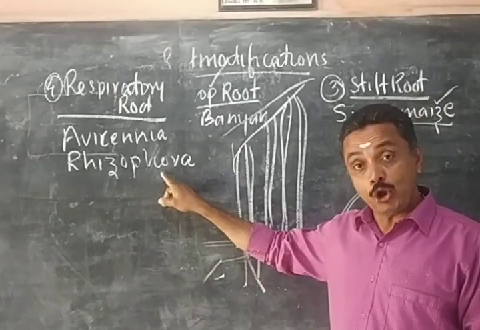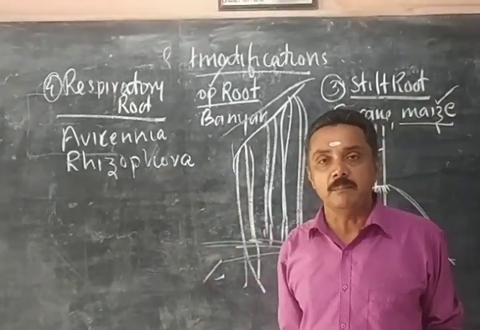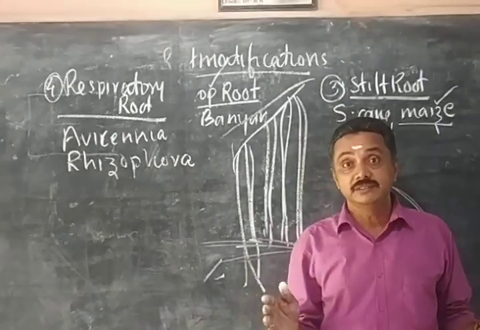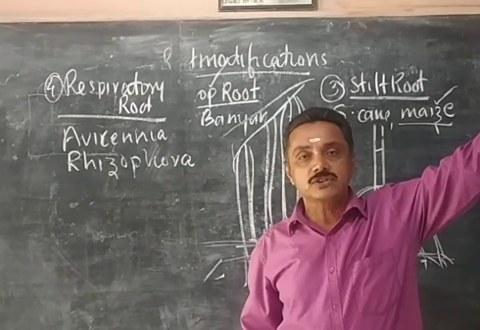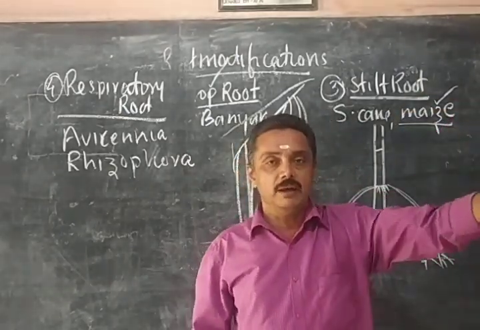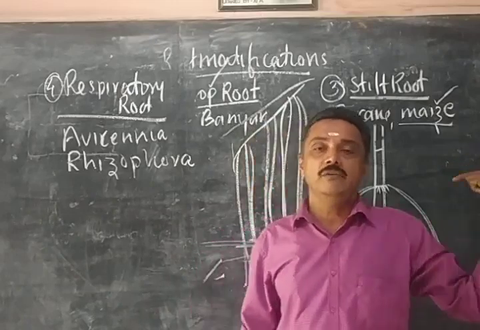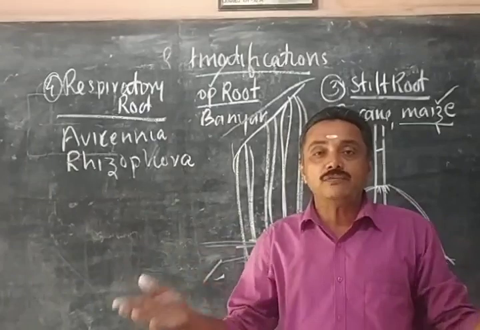They are called mangrove plants, growing in marshy, waterlogged areas. You can see muddy areas on the sides of rivers. When traveling from the Kasaragod area to the Mangalore area, you can see marshy, muddy areas on either side of the railway track.